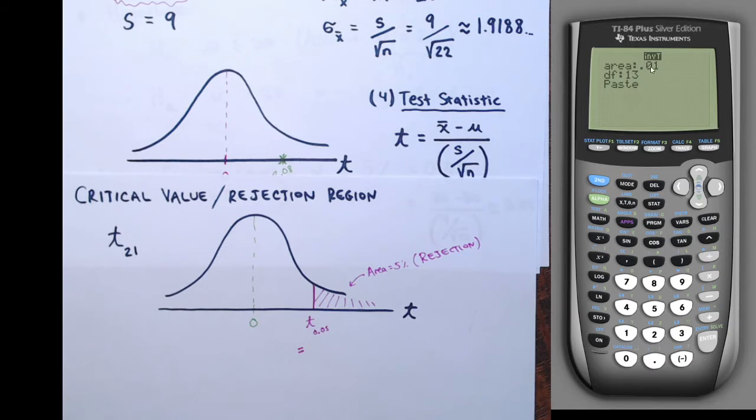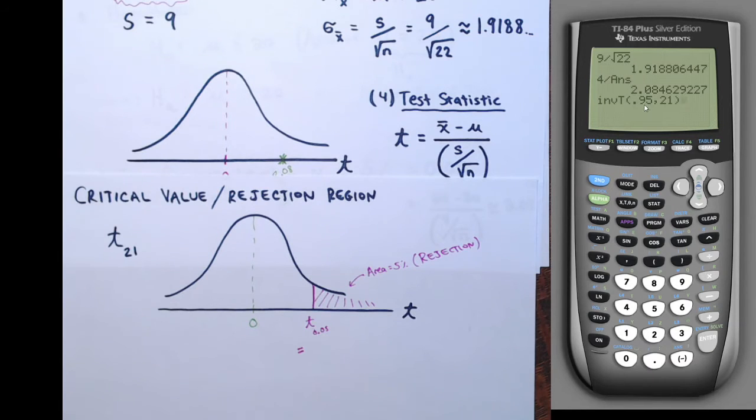Now, this area you're entering is an area to the left. I want 5% to the right. That would mean 95% to the left. So 0.95 is what I'll enter there. And then we said this is a student's t distribution with 21 degrees of freedom. So the df there, 21.